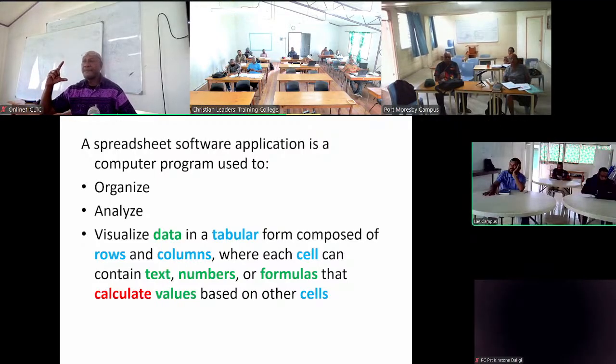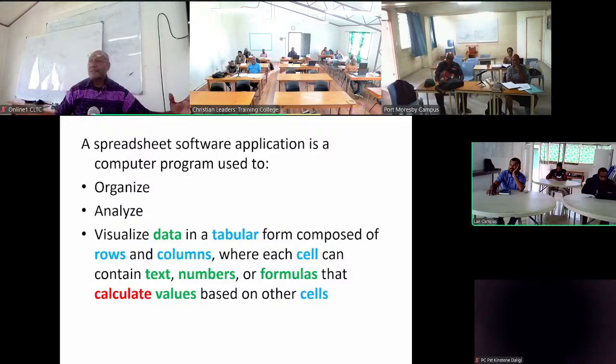It will show it in a graph. That's visualize. Financial accountants use that to present reports. The boss does not want to see your spreadsheet. He wants to see graphs and charts. Yeah?